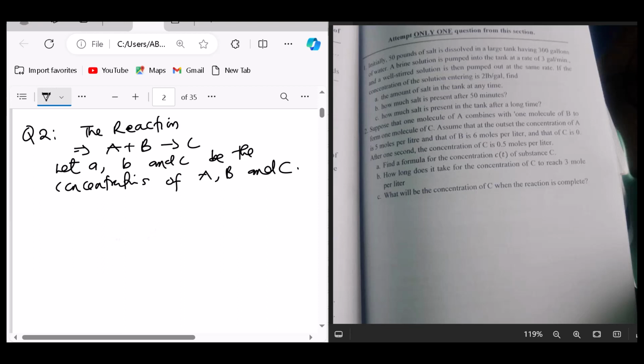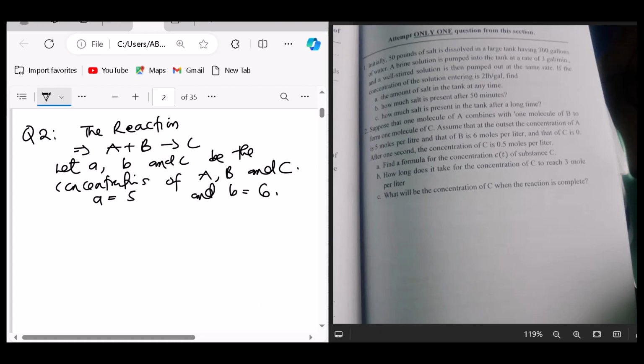Here we know that since at the outset they require 1 mole of A to form 1 mole of C, the concentration of A was equal to 5 moles, and that of B is equal to 6.